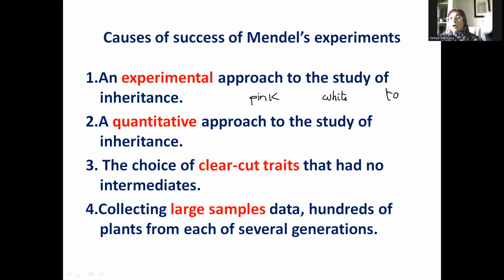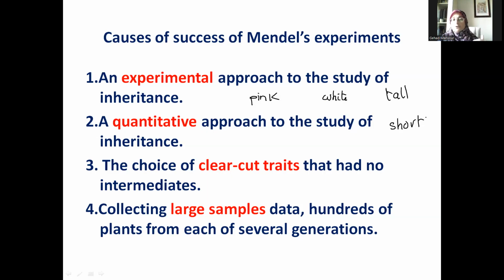There were tall plants and very short plants, meaning that there was nothing in between that might be ambiguous. So when he came to count how many are tall and how many are short, how many are pink and how many are white, there was no confusion. How many flowers are apical at the top of the stem and how many are axial, making an angle with the stem, there was no confusion.